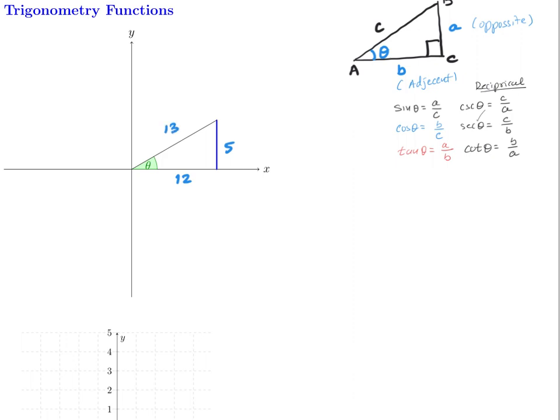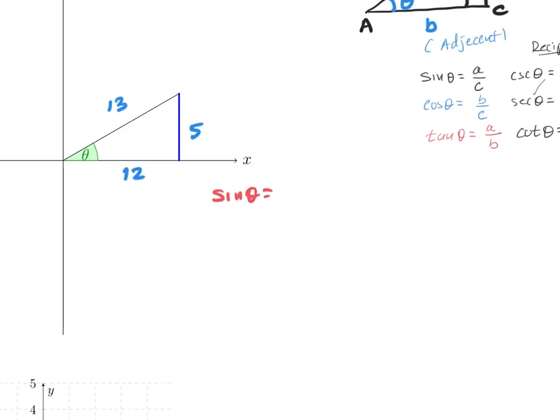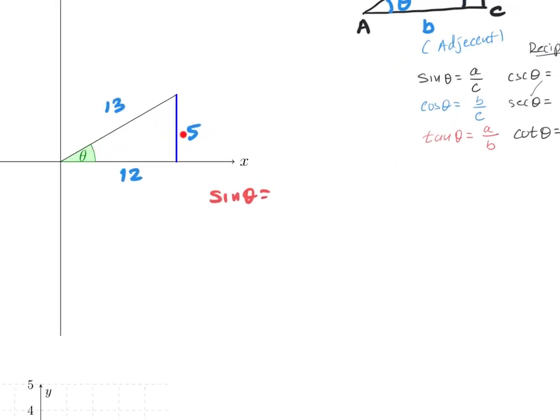You can check using the Pythagorean theorem that that's the case. So if that's the information you have, what will then be sine of theta? And sine is the opposite, so the opposite is 5.